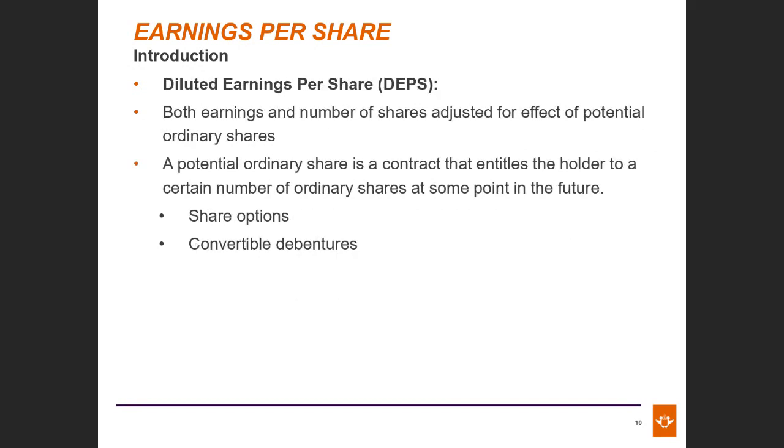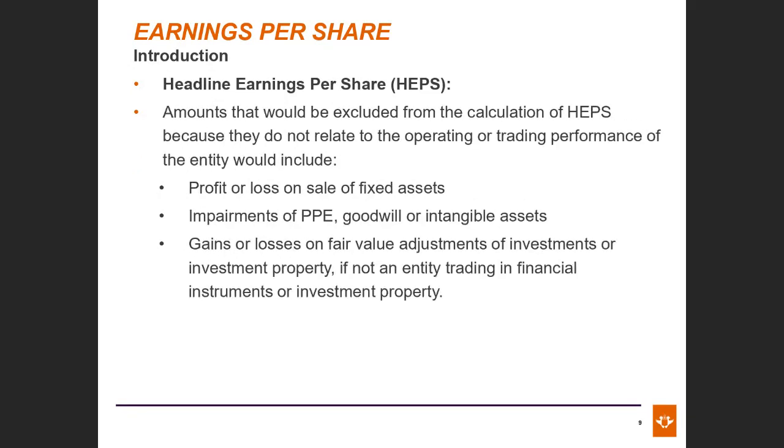So someone has asked, what if your business operation is to sell assets? Well, then selling assets is your trade, then you would not strip that out of headline earnings per share. But if it is not your trade, if you are making t-shirts and you have a machine that you are selling and your trade is to make t-shirts, then selling that machine is not part of your trade, okay? But sometimes a company does sell machines, so you could have a company that sells computers.